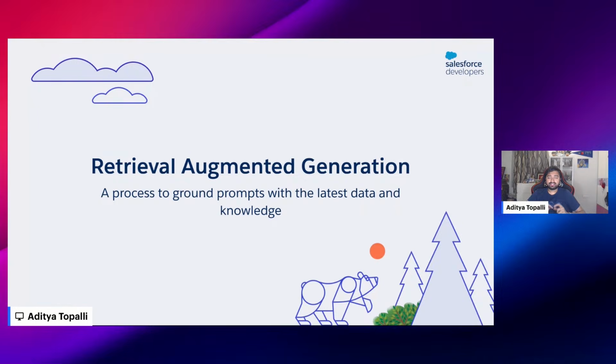So RAG is a technique where you take a pre-trained model, and whenever you're asking a question, you supply along with the question the latest data that you have. That is what we call augmenting a prompt. So along with the data the LLM already knows about, you're supplying your own set of latest data to the prompt so that the LLM can generate an effective response based on the latest data.